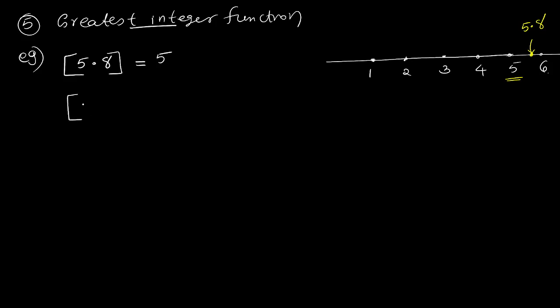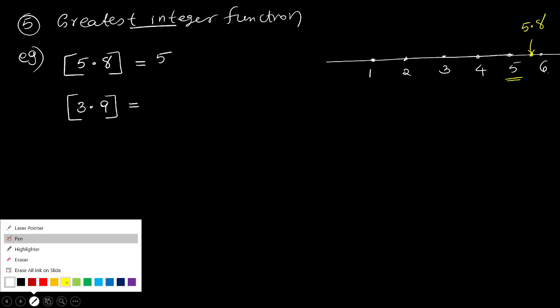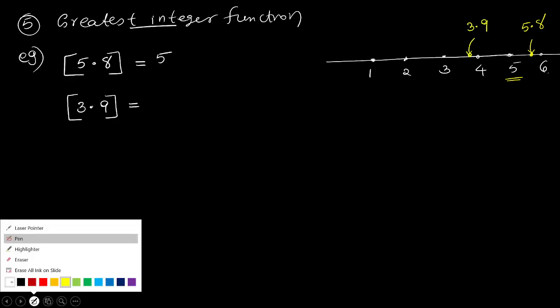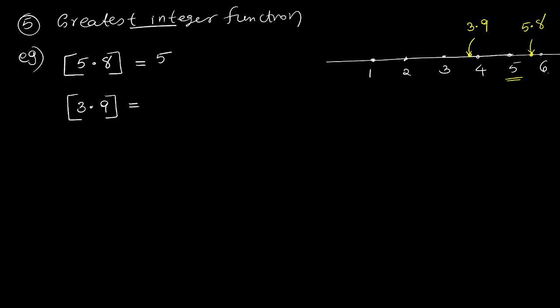Another example is greatest integer of 3.9. Where is 3.9 on the number line? It is here. It is a fraction. The greatest integer of a fraction, how will you find it? It is given by the integer just before that fraction. What is the integer just before 3.9?